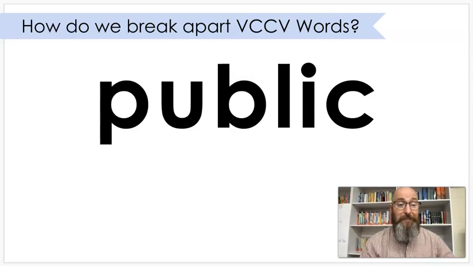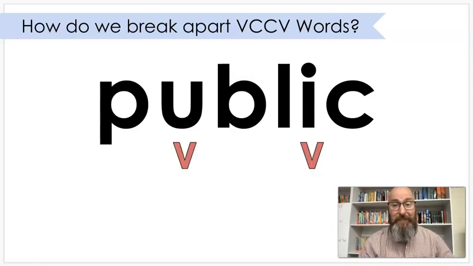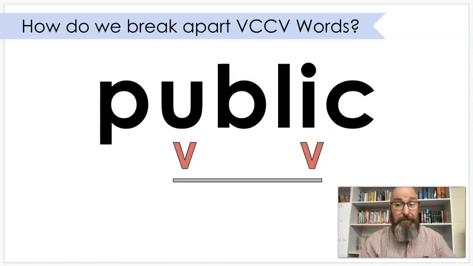What do I do first? I label the vowels. That's right. What are the vowels? U and I. That's correct. What do I do next? I build a bridge. What do I put on the bridge? The consonants. And what are the consonants? The B and the L. And where do I break the word?